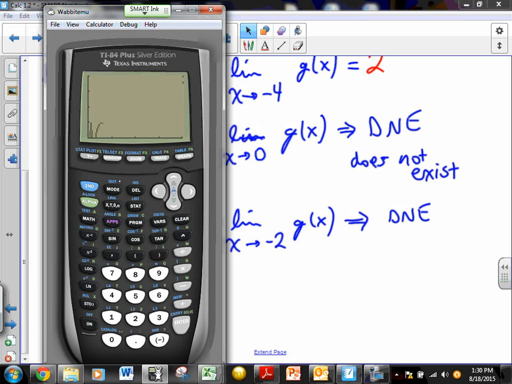Now let's look at the graph of that. A little hard to see here. Let's zoom in.